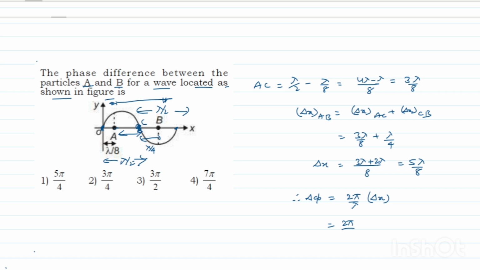So it is 2 pi by lambda into 5 lambda by 8. Lambda gets cancelled, and 2 over 8 is 1 by 4, which gives 5 pi by 4. So 5 pi by 4 is the correct answer.